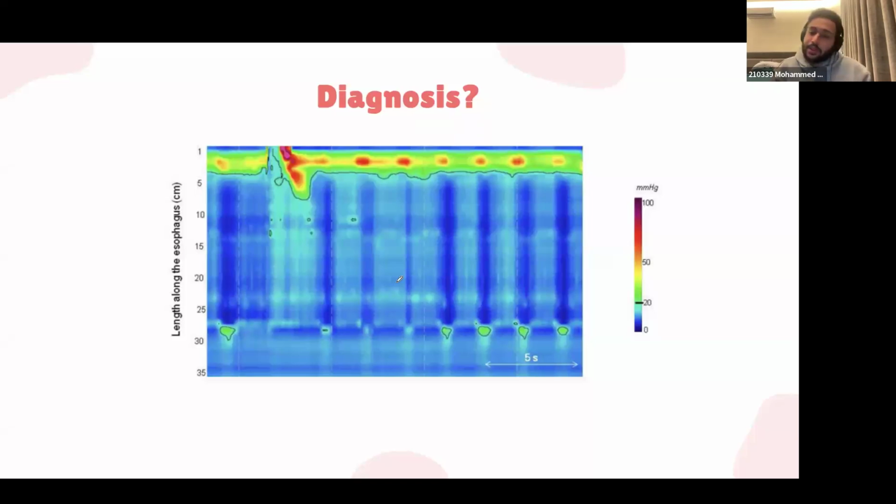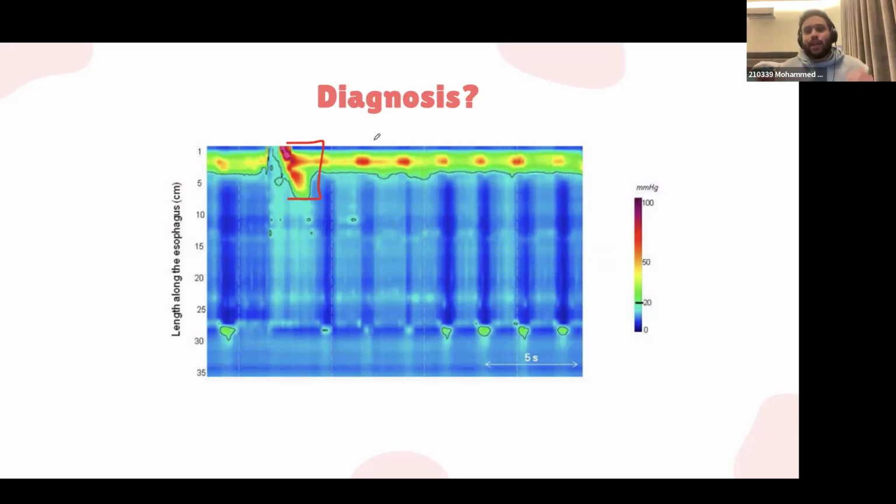No. So this is scleroderma. Is their upper esophagus and pharynx normal? Yes. Why? What does scleroderma affect? Smooth muscles. Excellent. Striated muscles are not affected.